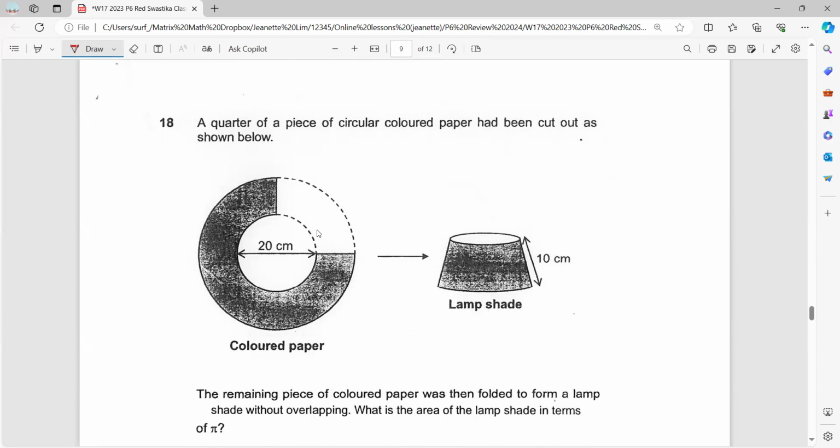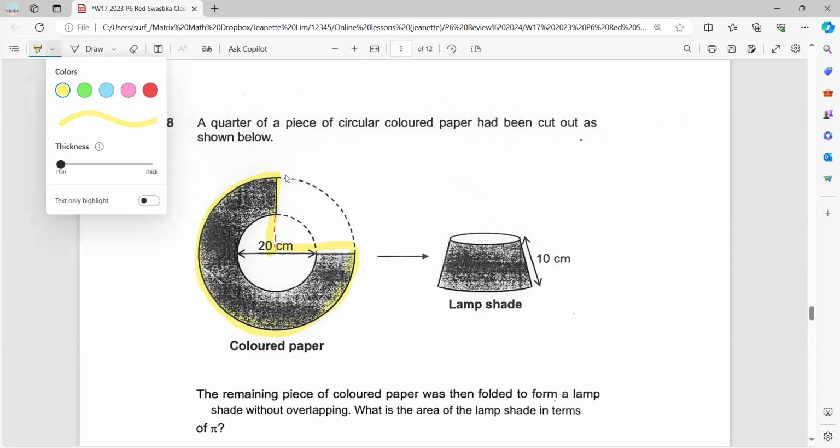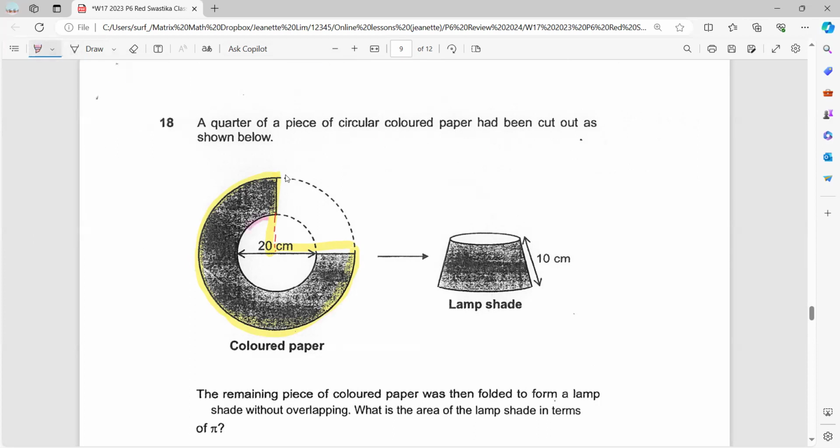So if I cut it this way, basically this big 3/4 of a circle is what we need to find, minus away this part here.